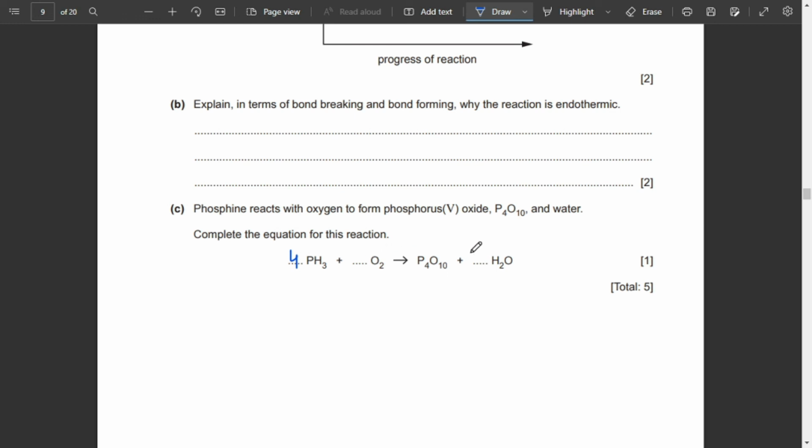If we balance it, it can be 6 over here and 10, 6, 8 oxygens. Basically there is no hard and fast rule related to balancing. Balancing is more of a trial and error method. However, with practice you will be able to understand the tricks of how to balance an equation. It will become very simple for you all.